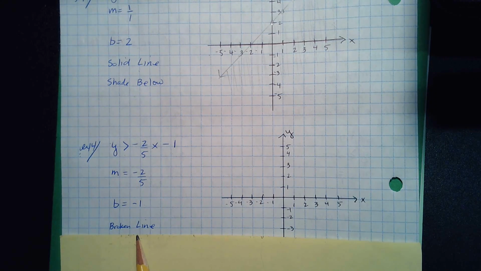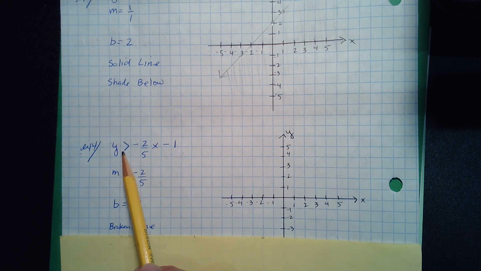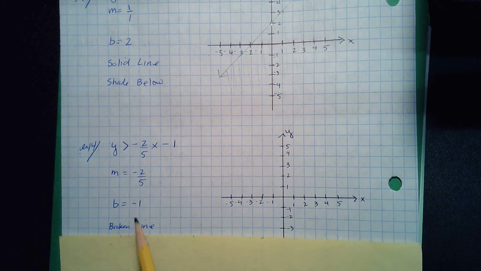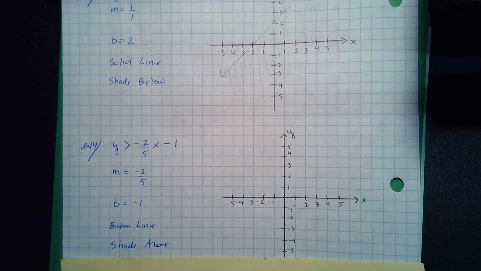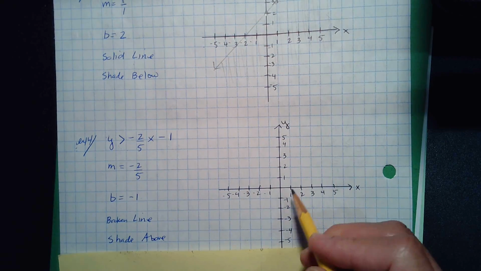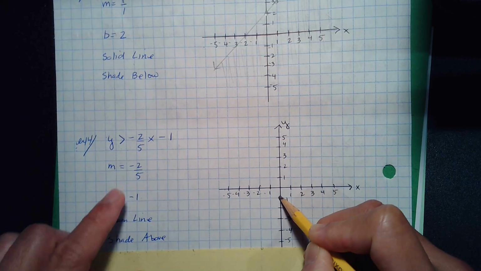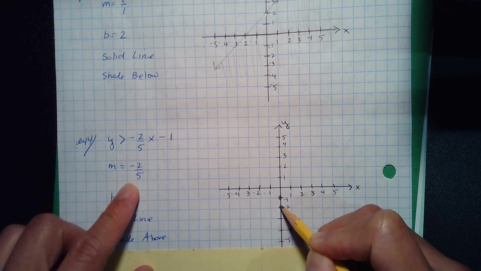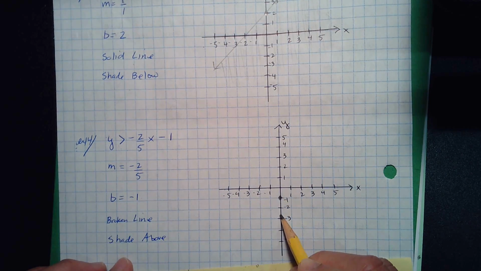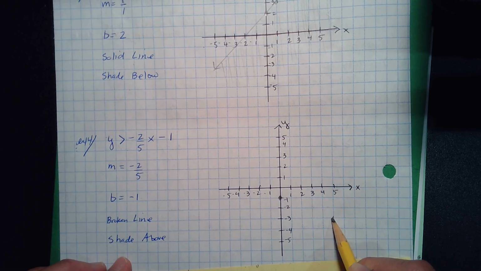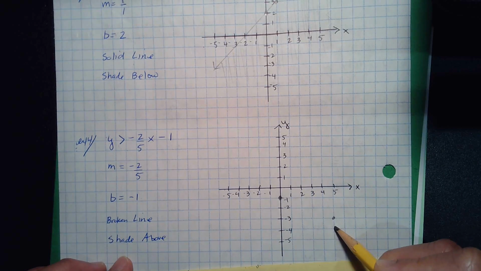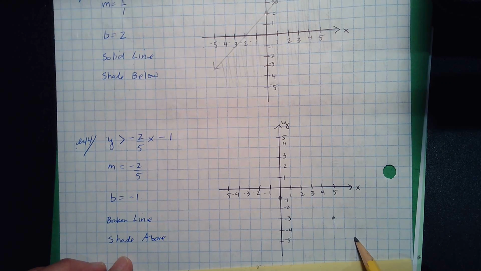Since this is the greater than symbol, we shade above. So again, we start at the y-intercept at -1, and then it says to go down 2, to the right 5. 1, 2, 3, 4, 5. We could do it again, down 2, right 5.